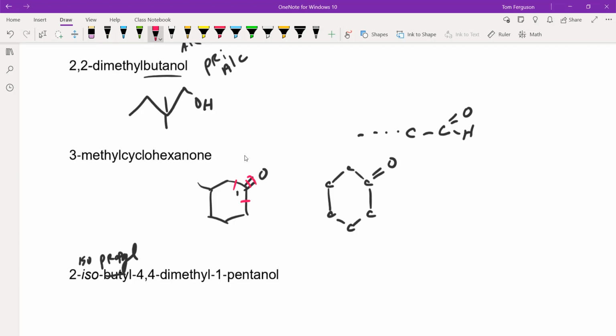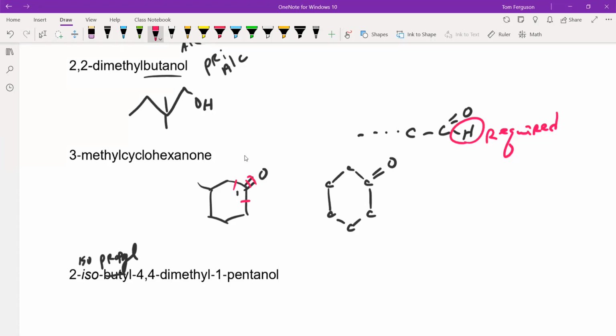That's 4 bonds, which means there's no room for hydrogen. That automatically makes it a ketone, because that single hydrogen is required for it to be an aldehyde. Hence, you can't have a cyclic aldehyde unless you break up the ring.